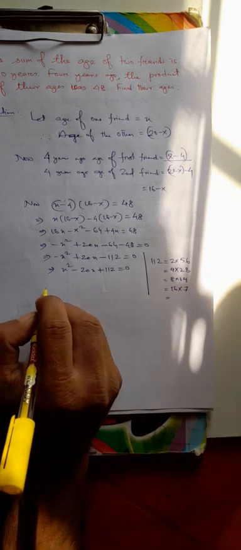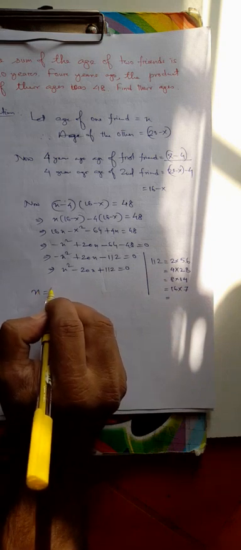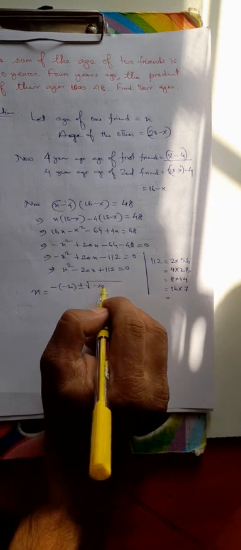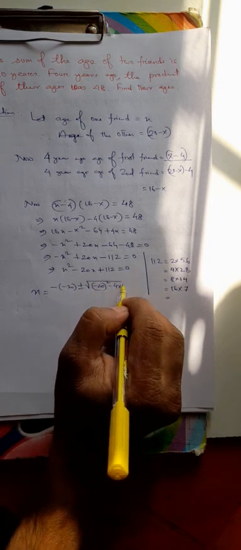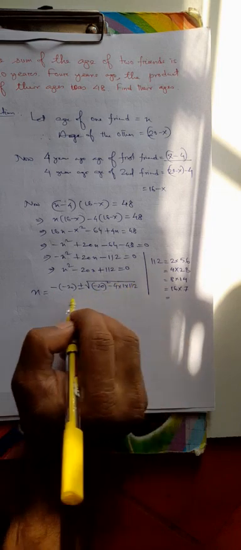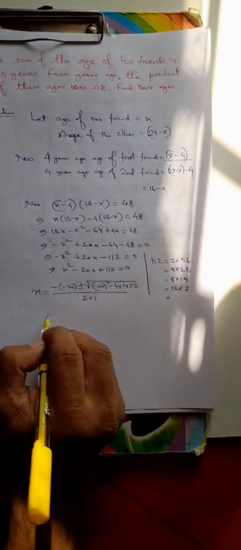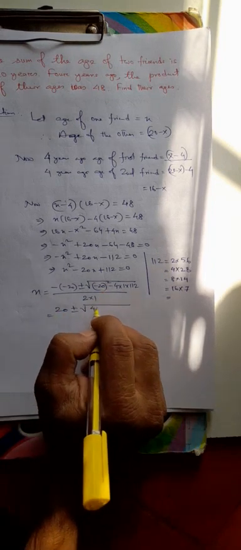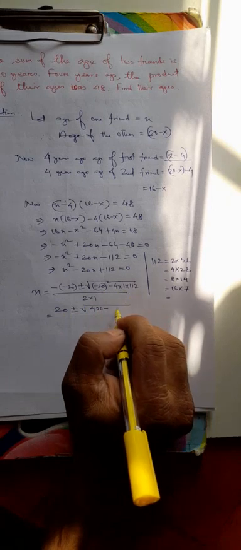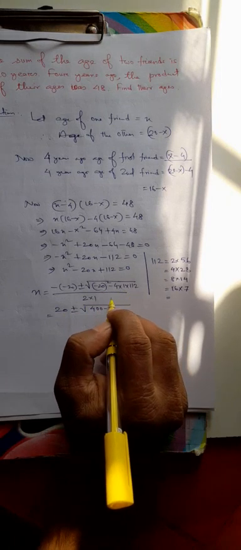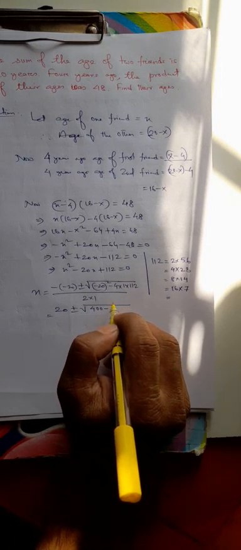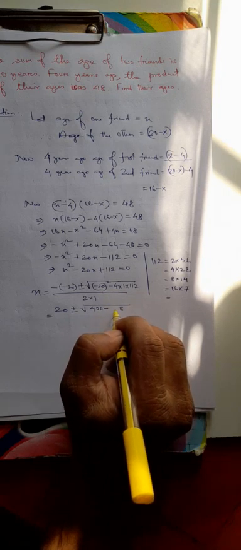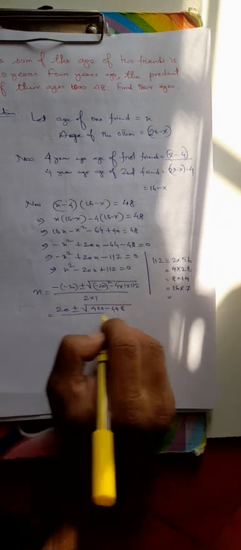So let's try it out in another way. X equal to minus b plus minus square root of b square minus 4ac divided by twice of a, means 20 plus minus square root of 20 square, means 400, minus 4 into 112, right? 4 2s are 8, 4 1s are 4, 4 1s are 4, divisible by 2.